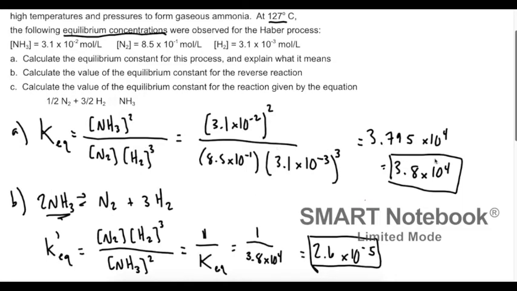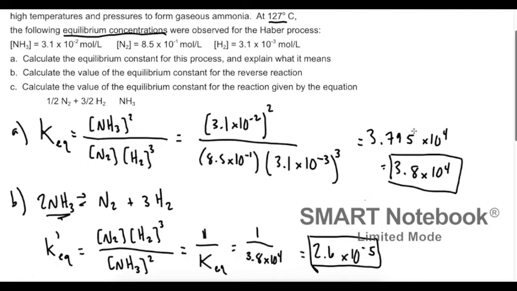That is what the large K value kind of helped us think through here. The forward process is more favored. That means that at equilibrium, we end up with more ammonia than we do our reactants. And so if we're shifting our perspective to think about the reverse process, of course, the reverse process is not going to happen to a significant extent. That's why the reverse process has such a tiny K value, all right?